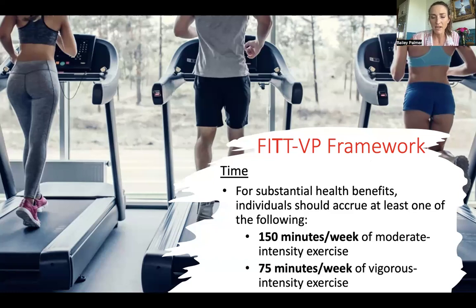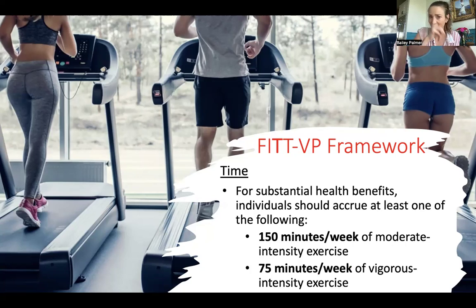Or 75 minutes of vigorous intensity exercise. So this is per week, okay? That's not very hard to do. I don't think that's hard at all. And so this is what is suggested. You can also do a combination of the 150 minutes of moderate or 75 minutes of vigorous intensity. So that's our time frame.